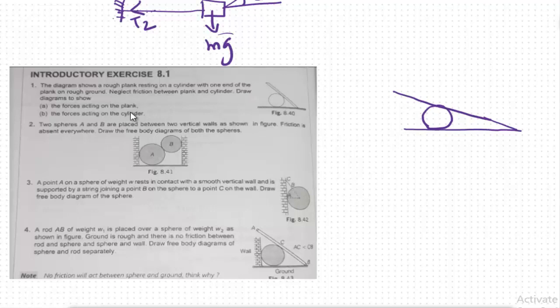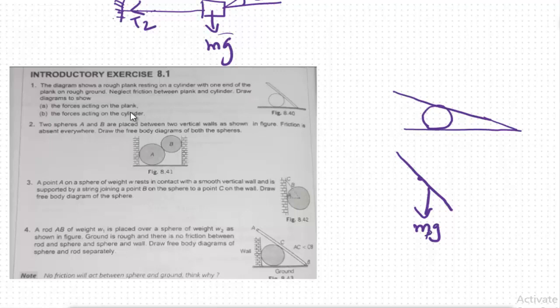I am considering the plank separately. When we are considering this plank, it will have a weight acting downward, mg, the mass of the plank times g.